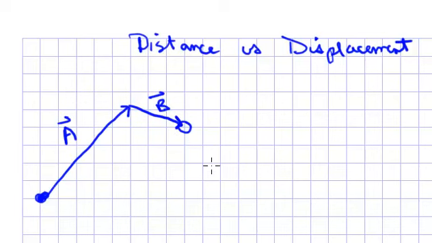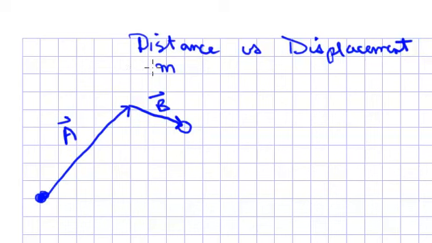Okay. So the distance of your putt would be the sum of the lengths of A and B. It would be how far your ball actually traveled from where you putted it initially to going into the cup. The units for this are meters, and that's point number one.